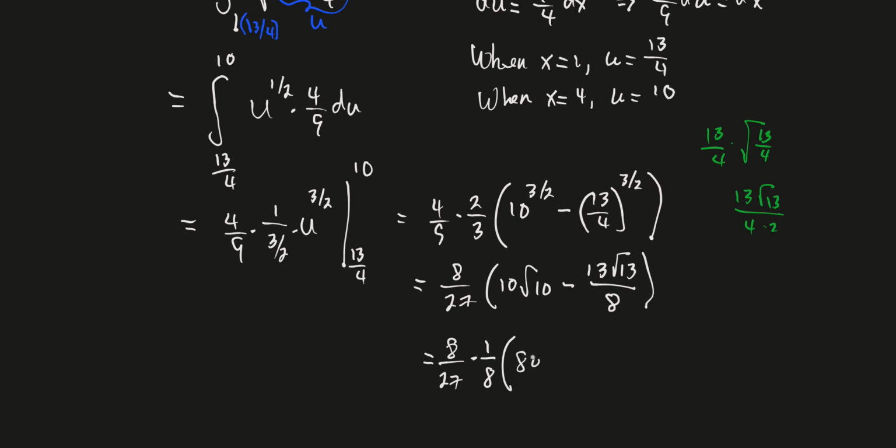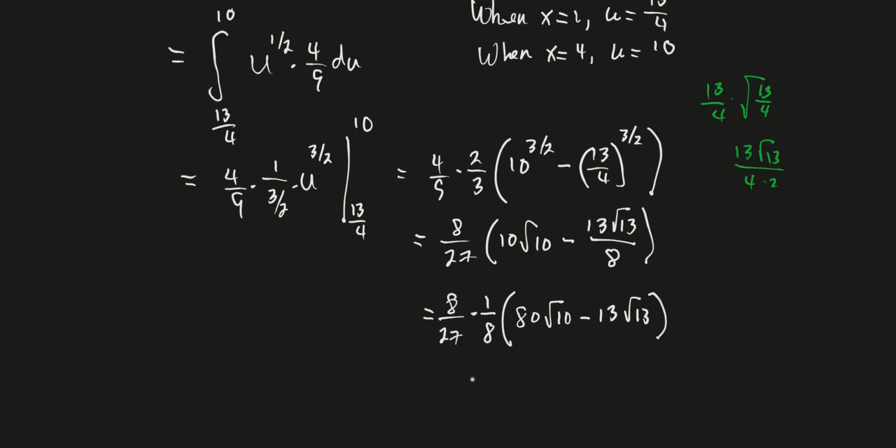So it becomes 80 root 10 minus 13 root 13, and then these 8's reduce. So this is like if you go to some of those online systems, you might see this as the exact arc length of this function. And there it is in all its glory.